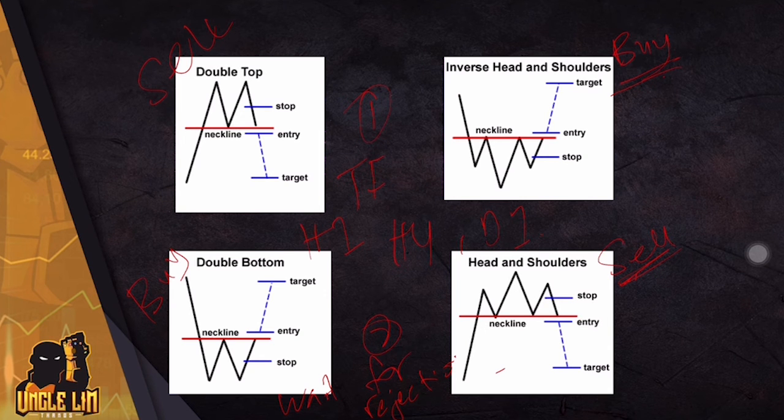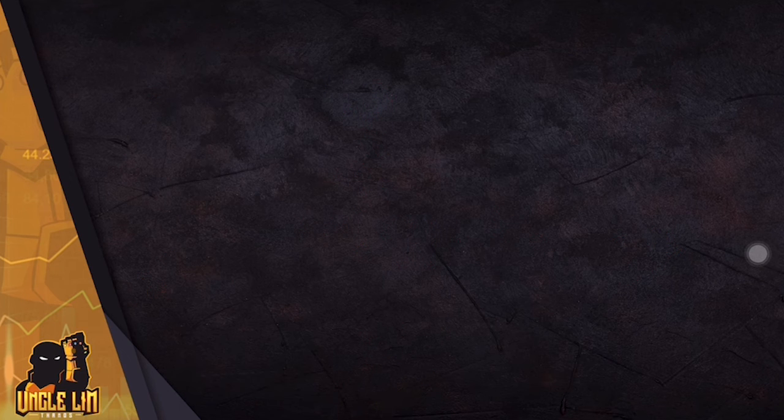Okay, so that's all for our reversal pattern setup. And like Uncle said, our first rule is time frame. It is only valid for H1 and above, that is H1, then H4, then daily and so on. Second, we must wait for rejection, especially for double top and double bottom, and also for head and shoulder and inverted head and shoulder.